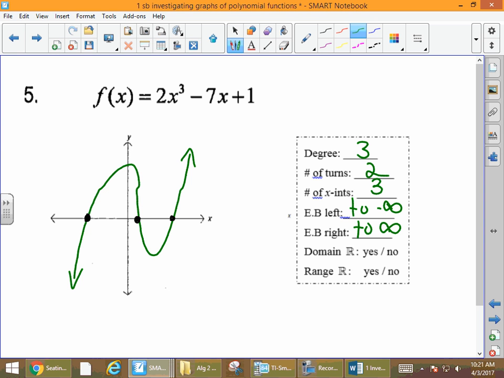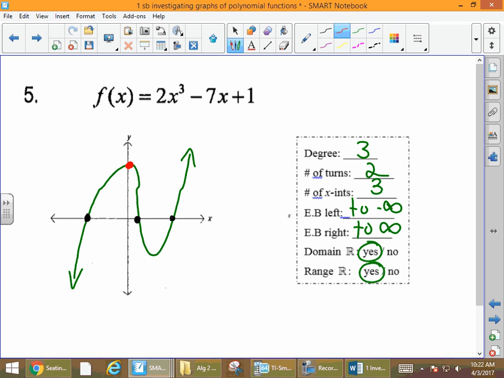Is our domain all real numbers? Yes. Is our range all real numbers? It actually is. But don't be misled here, because usually what I say for range is, do we have a high point or do we have a low point in the graph? We have a high point in the graph here, the red dot. But our graph is going to continue upward to positive infinity.